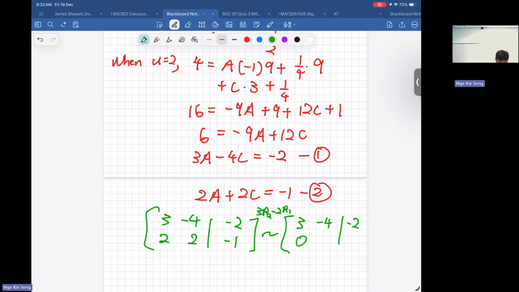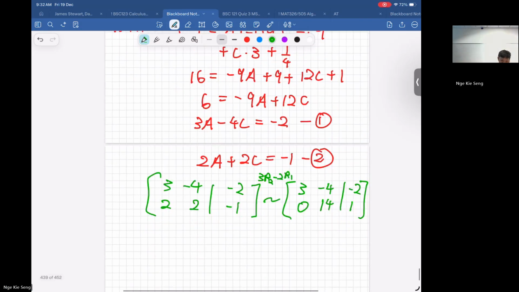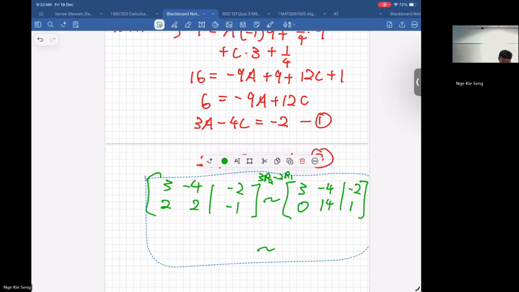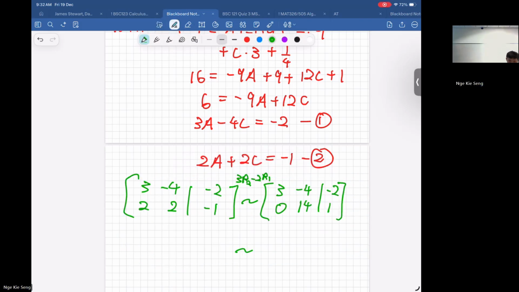So this one I got 0. 6 plus 8 is what? 14. And then minus 3 plus 4 becomes 1. Okay, and then is it correct? Let's check. Okay, and then continue.